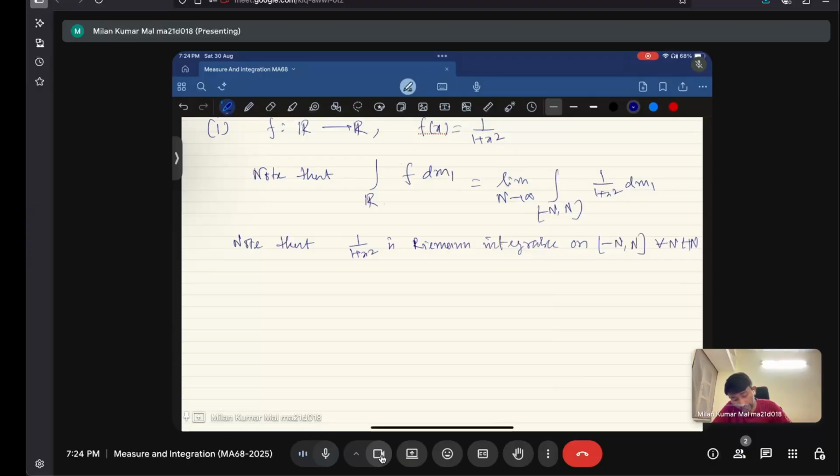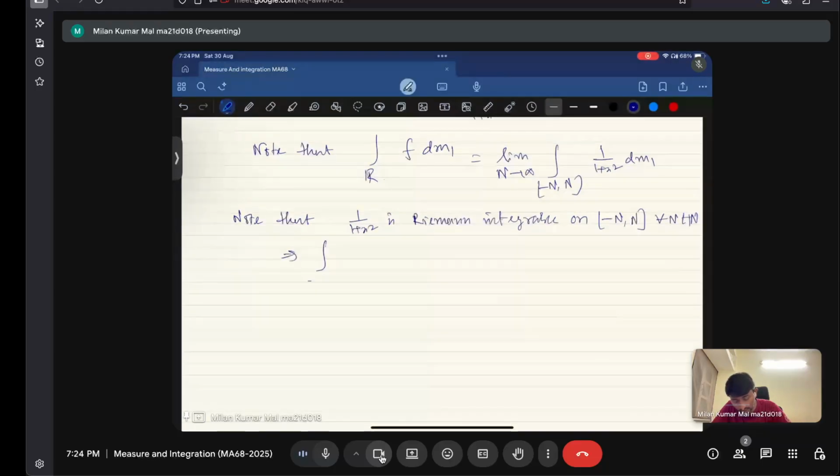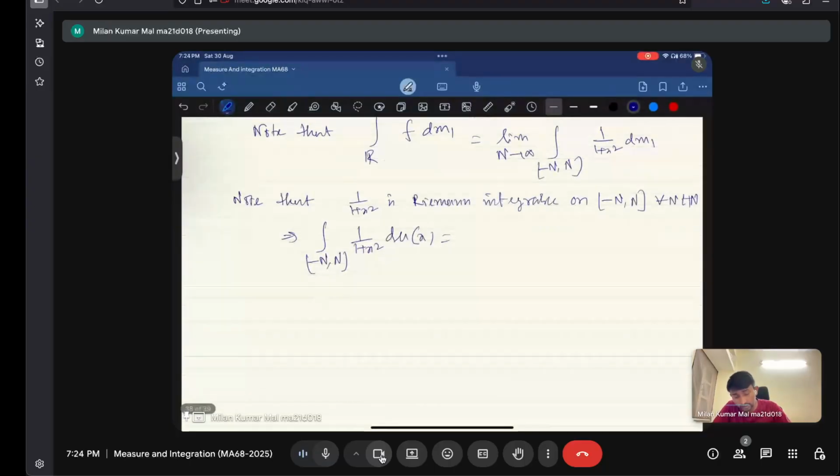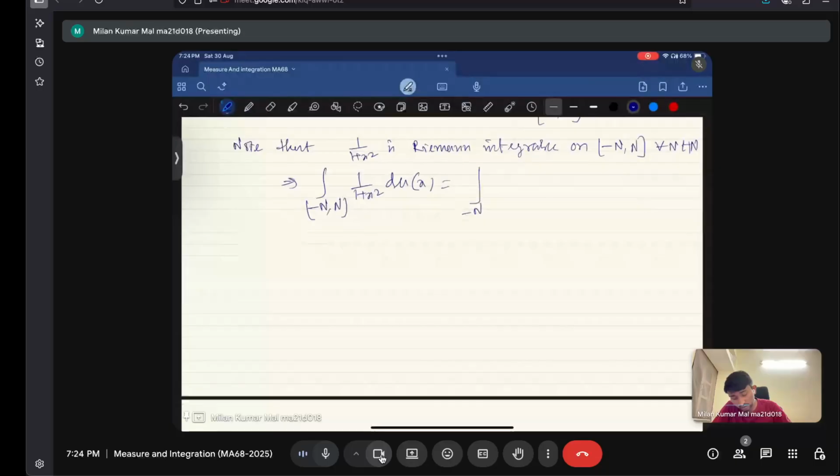So that implies the Lebesgue integration of this function d mu x is equal to the integration from minus n to n of 1 by 1 plus x square dx, which is equal to 2 times the integral from 0 to n of 1 by 1 plus x square dx, which can be written as 2 into tan inverse x from 0 to n.